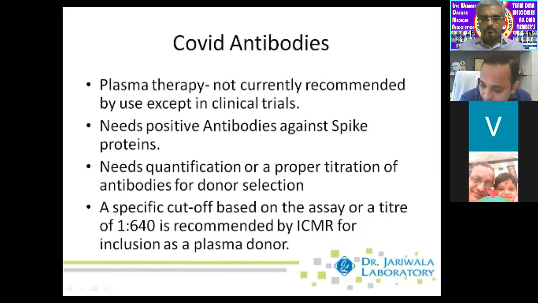Am I clear? I'll again repeat, it is up to the blood bank to identify the patient as a plasma donor by verifying if there are spike proteins available in the sample and the titer after that. Next slide, please.